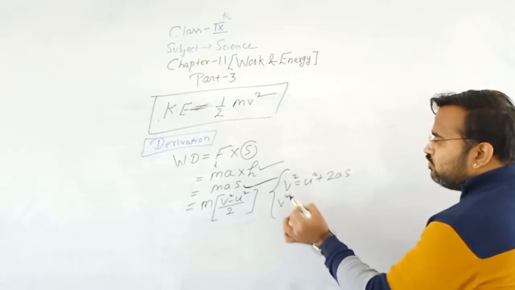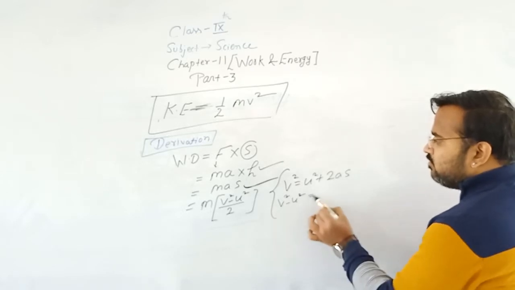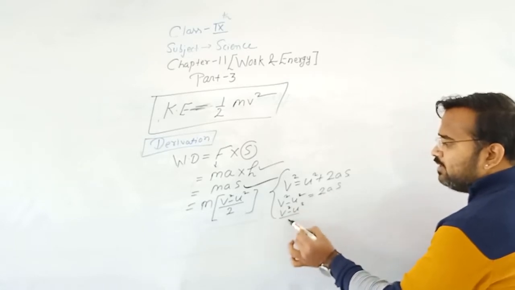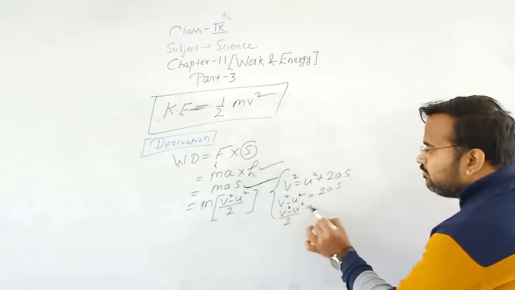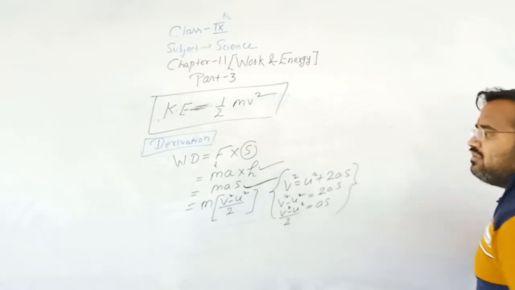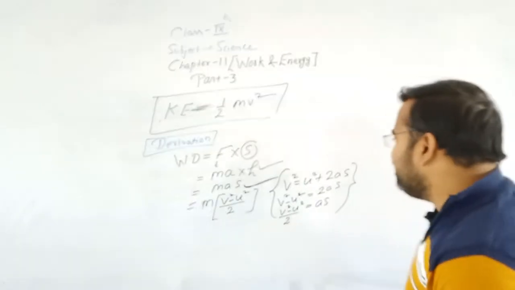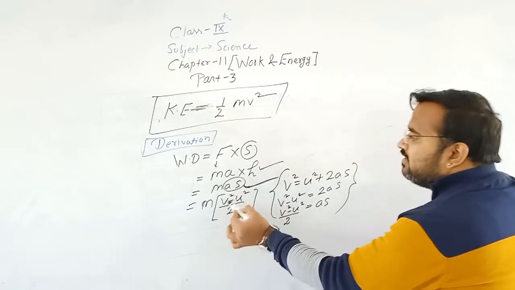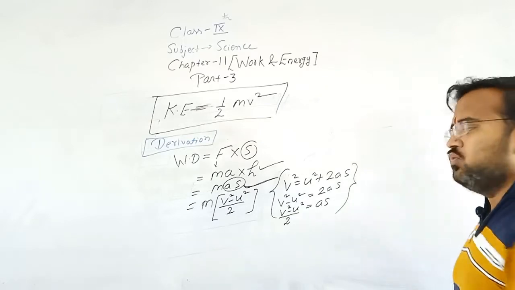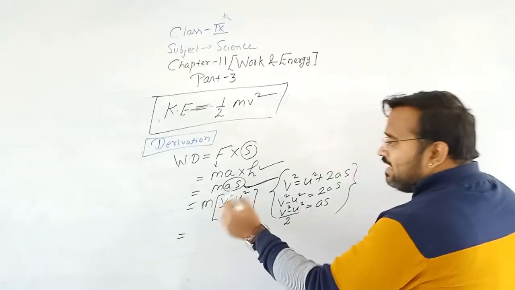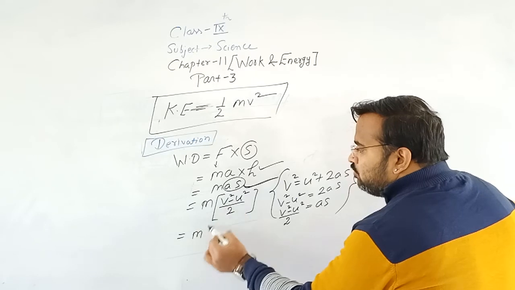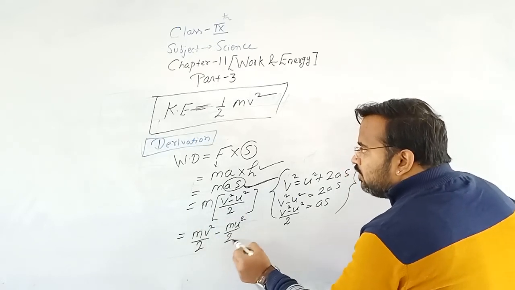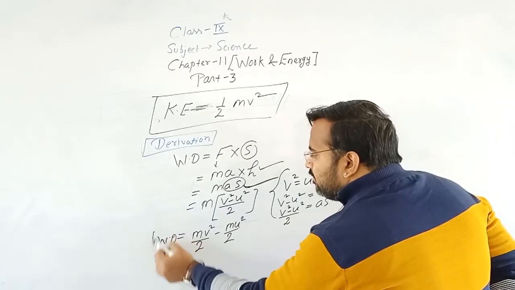So u square will come to the left side, so v square minus u square is equal to 2as. Since 2 is in multiplication, it goes to division, so v square minus u square upon 2 is equal to as. So instead of as, I have written v square minus u square upon 2. Now I can write this formula as m into v square upon 2 minus m into u square upon 2. This is the work done.